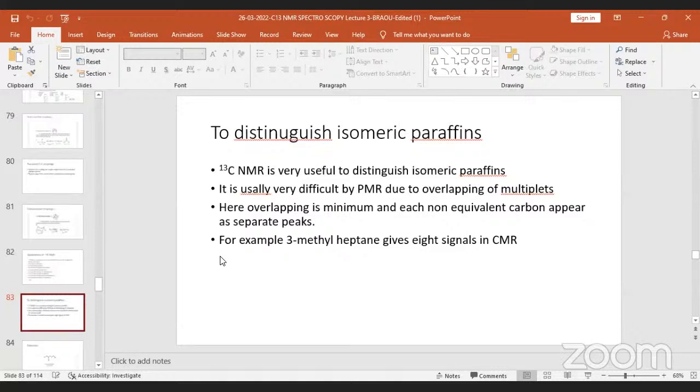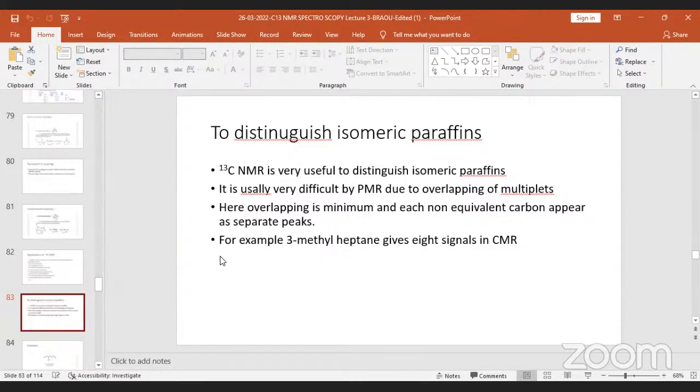Whereas in C13 NMR, as I already told you, the chemical shift range is very high, so each and every non-equivalent carbon in the molecule will come as a separate signal. The proton decoupled spectrum gives you all non-equivalent carbons as singlets, nicely separated in the spectrum, and it is very easy to interpret. These paraffins have only carbon and hydrogens, the chemical shift range is very small in proton NMR, and they undergo coupling, so they give second order spectra.